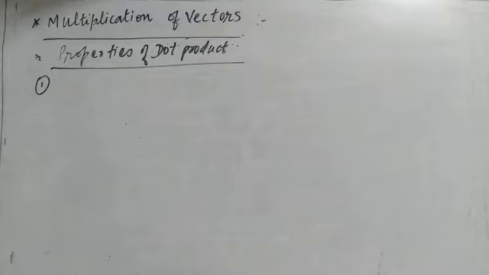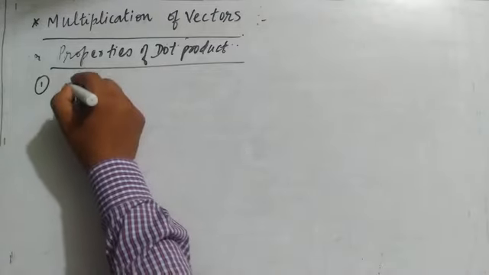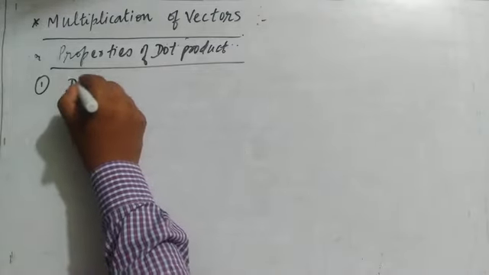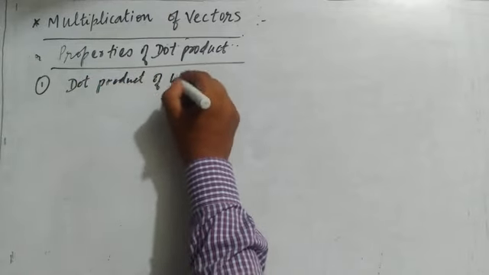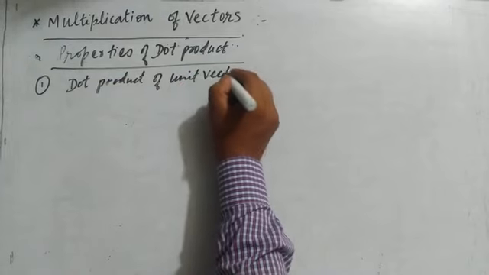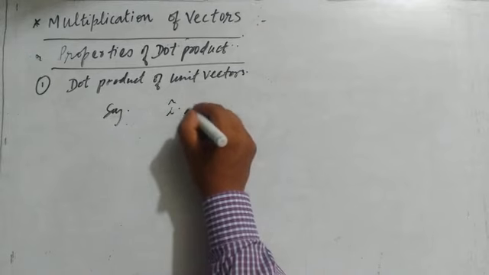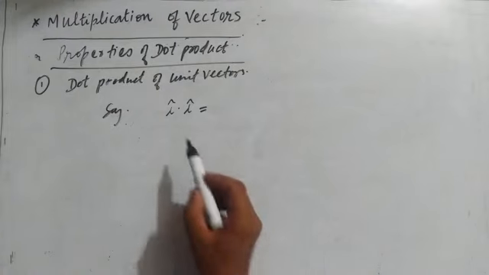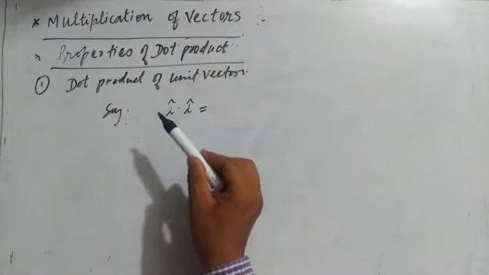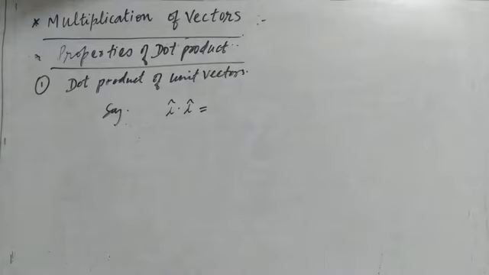Now we shall discuss the properties of the dot product. First of all, we find out the dot product of unit vectors, say I cap dot I cap. The method of finding the dot product is we take the magnitude of these two vectors into cos of the angle between them.